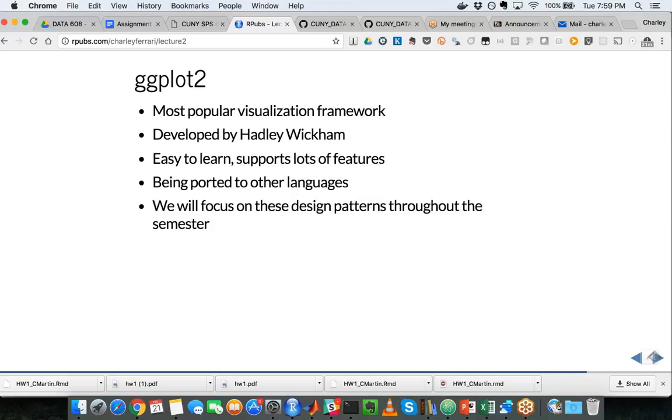So this is just a summary of what we've done with ggplot. ggplot is definitely the most popular visualization framework for R. And in terms of visualization ecosystems, outside of R and Python, it's one of the most well developed.